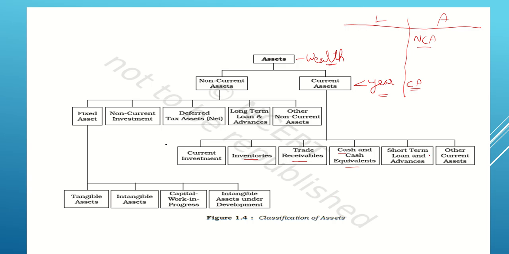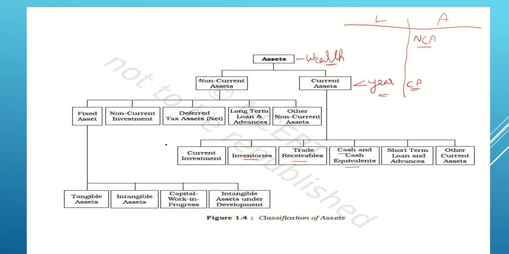Okay. Then short-term loans and advances. If the company has lent short-term loans, okay, which they'll get back within a year, that will also form part of current assets. So apart from all these, if there are some other assets which have the same feature, they also can be included under other current assets.